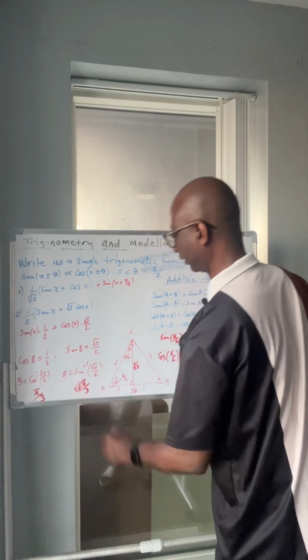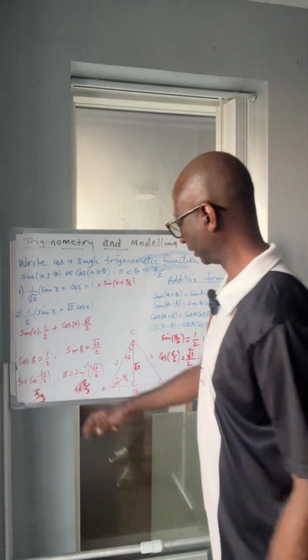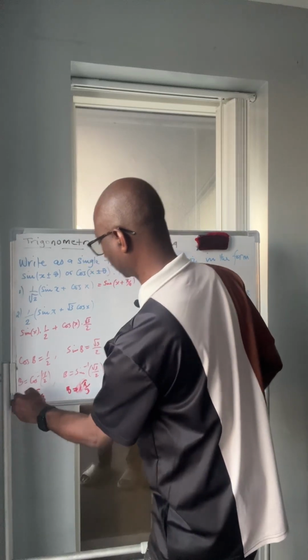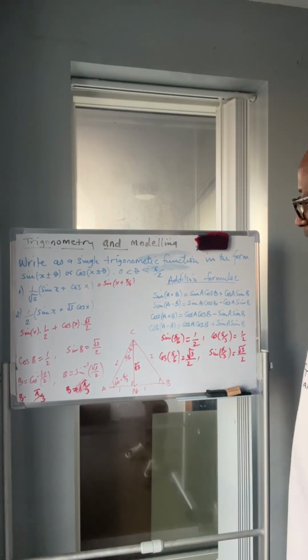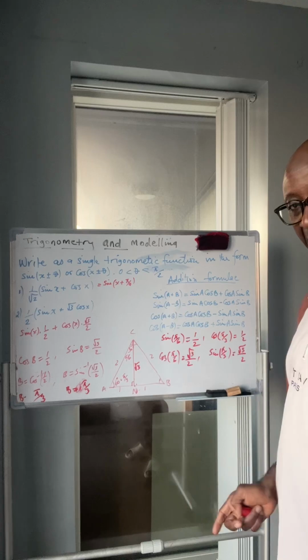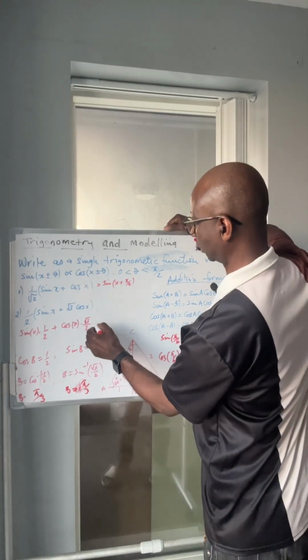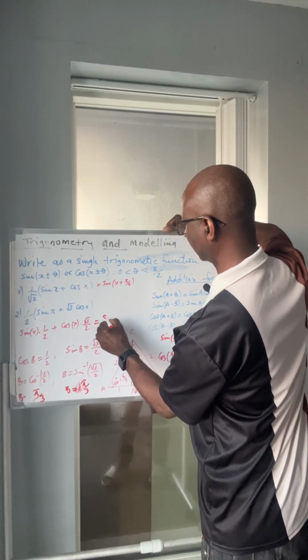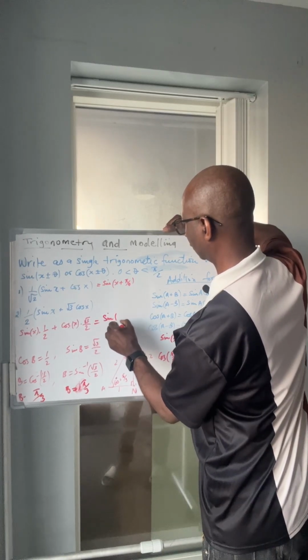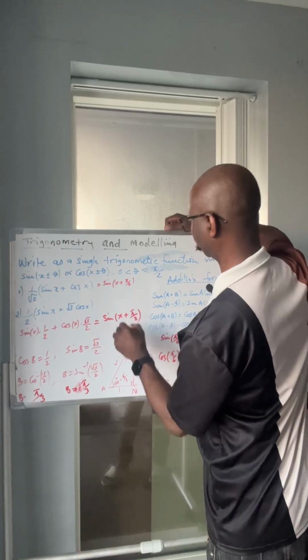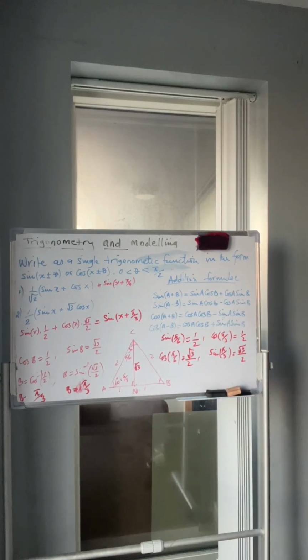B is equal to this, and here again B is equal to this. So you get the angle to be pi over 3. Therefore, this question now becomes the sine of x plus pi over 3. That's what you get.